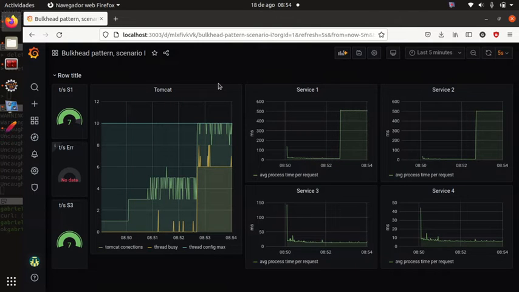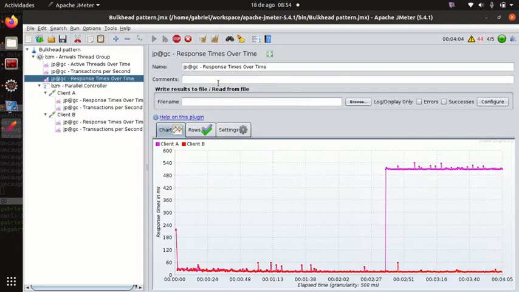Let's check the client side for a moment. The response time of client A, as expected, has reached 500 milliseconds per request. So obviously we have a problem in client A, but client B is still working well.